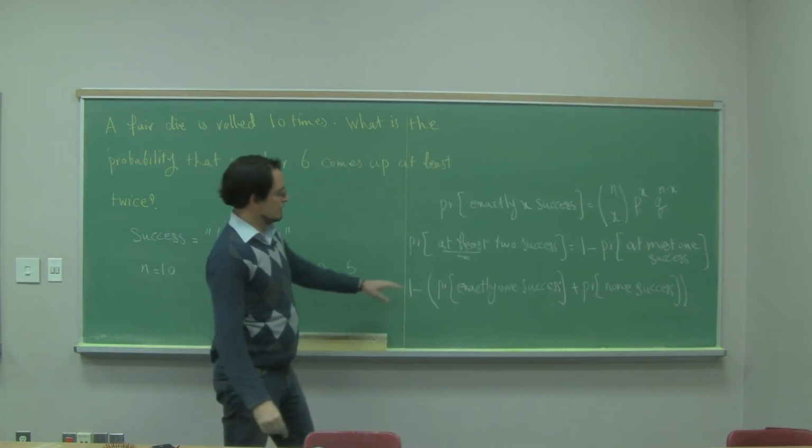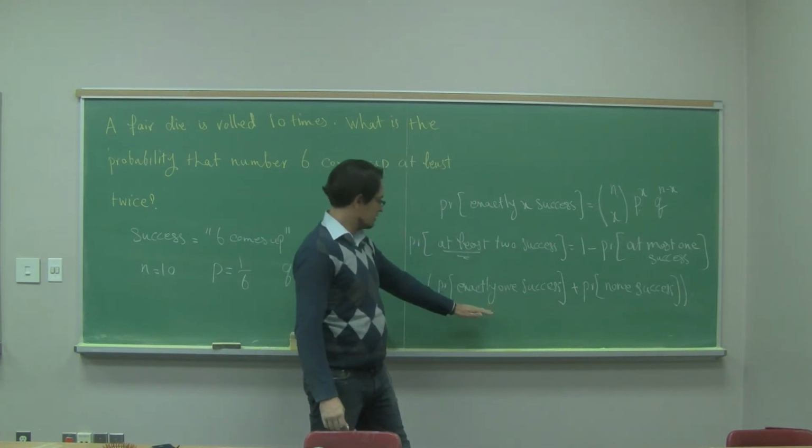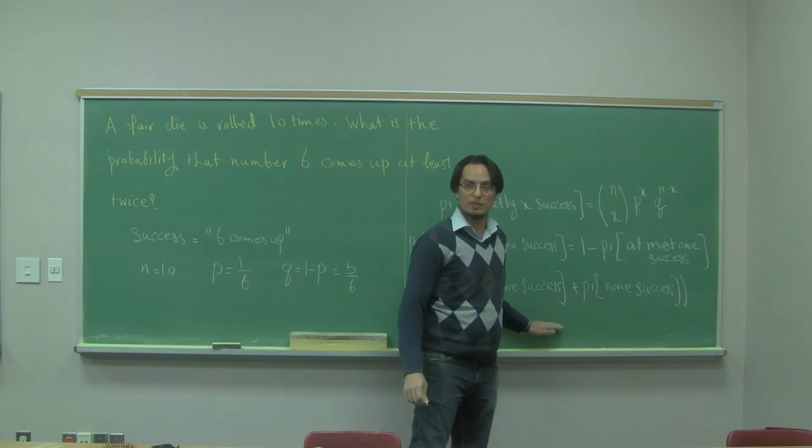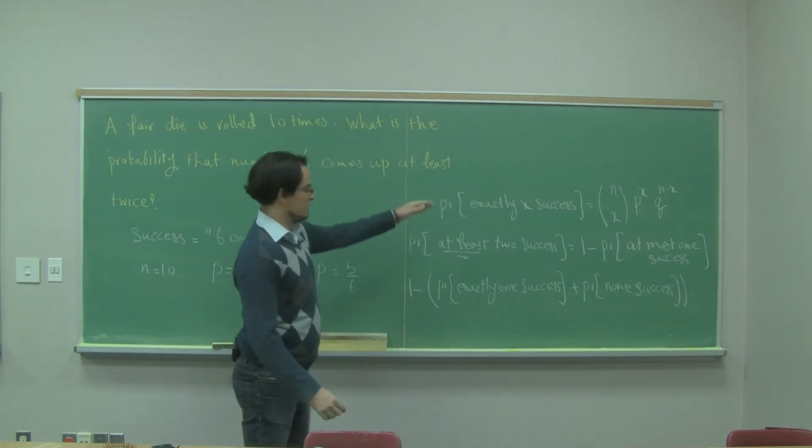Well, the probability that I'm looking for, at least 2 successes, I now turn into 2 probabilities that I can each compute using this formula.